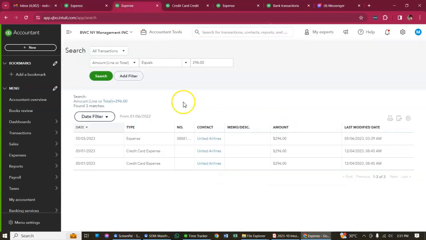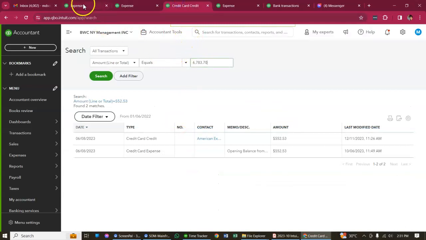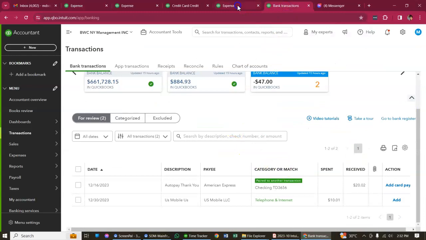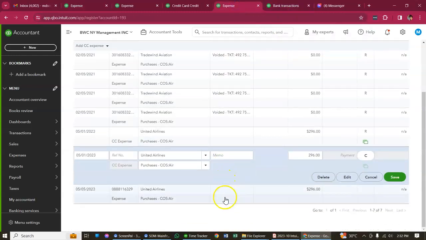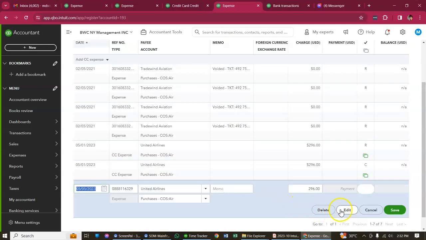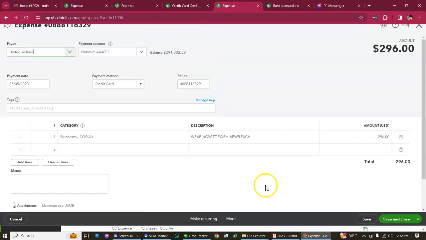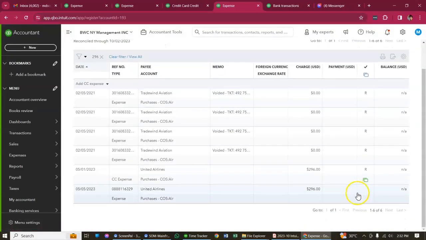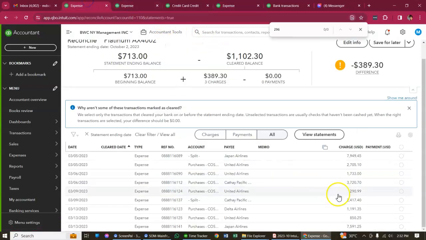Oh, why is it appearing in here? It's appearing in the chart of accounts. This one. It's not cleared. Let's try to check this. Yeah. And it's not appearing in that.